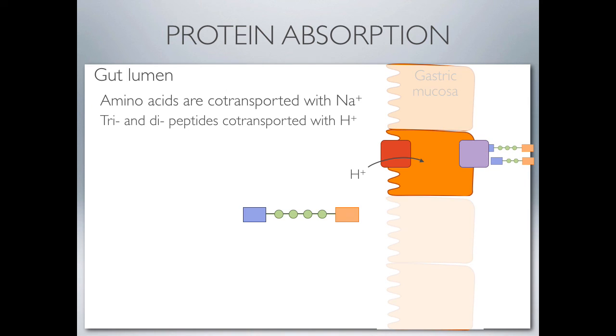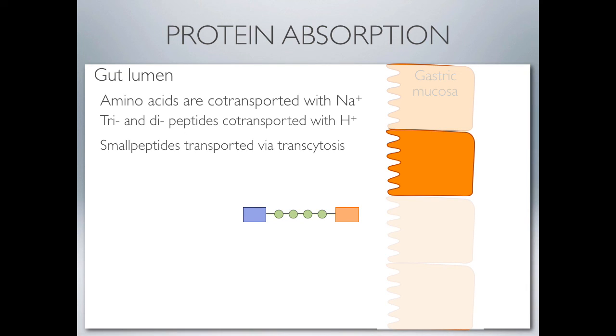Okay, small peptides are more of a problem because they're so large that these mechanisms don't seem to work. And so there's this trick that absorptive cells have where they create a vesicle around the whole molecule and essentially produce this internal bubble that gets transported through the cell. So it never actually mixes with the cytoplasm of the cell. And we call that transcytosis.